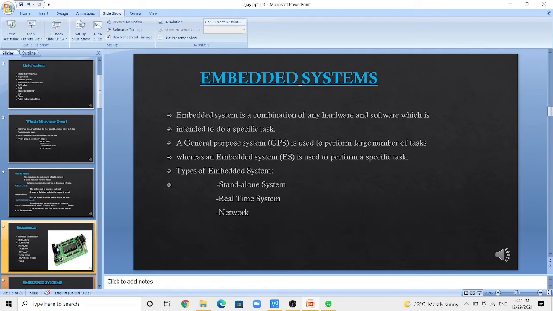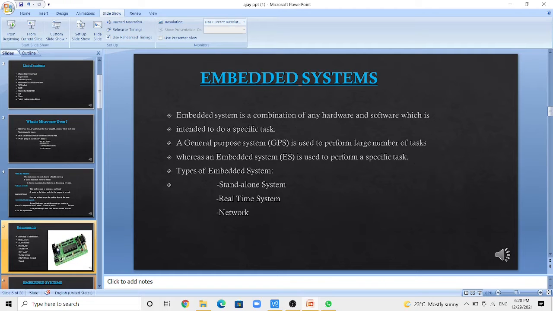Okay, now. A general purpose system is used to perform a large number of tasks. So the main difference between an embedded system and a general purpose system is that an embedded system is used to perform a particular task only, and it is used to perform a small number of tasks.